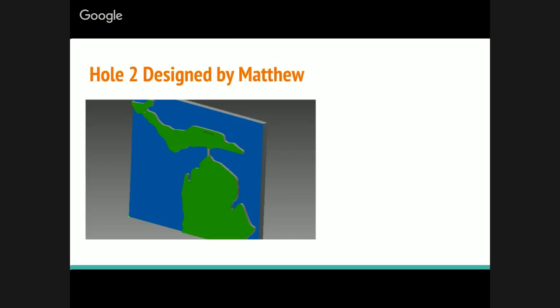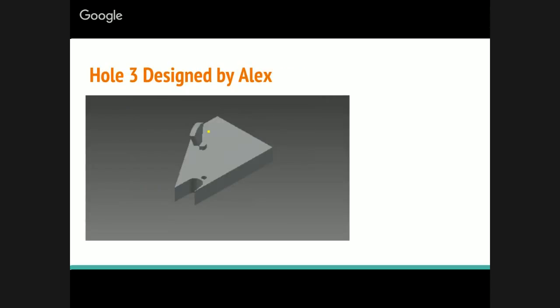The hole was easy to make after you knew what tools to use in Inventor, but overall it was a semi-difficult hole to make. I did Nevada, and that's the Hoover Dam. It was pretty difficult doing the shape of Nevada and the Hoover Dam overall.